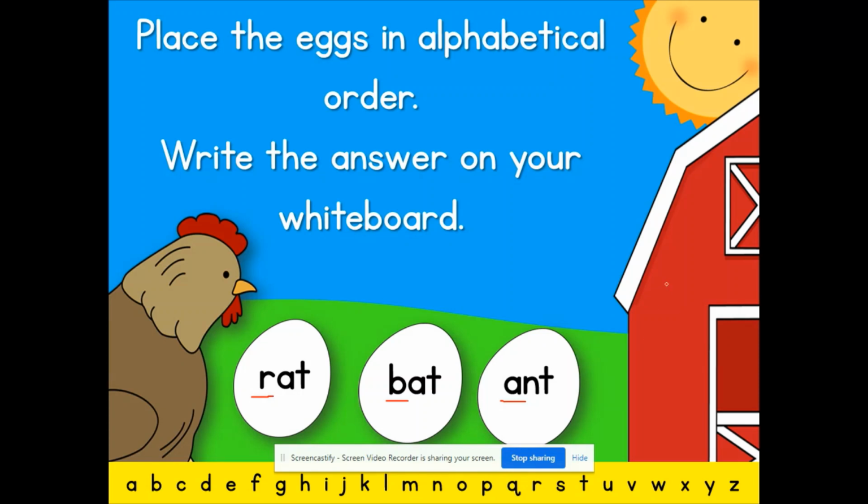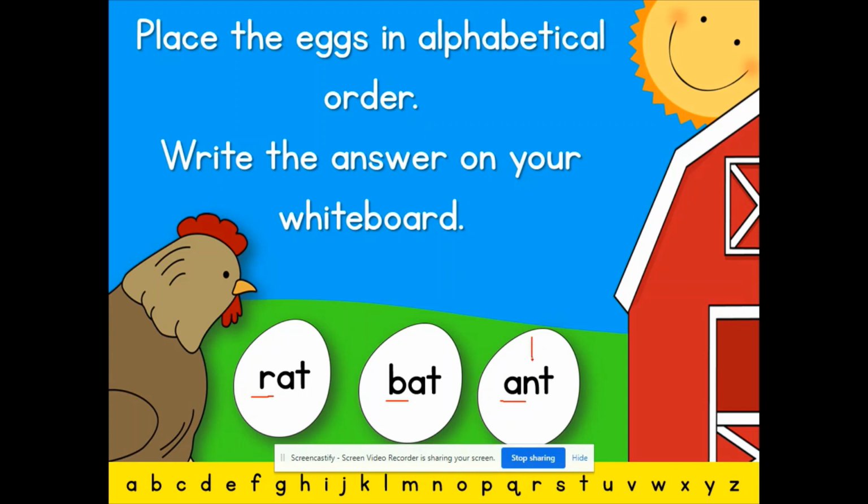Okay, and then just like we already did with the letters, we're going to look through the alphabet at the bottom until we find these three letters. So now we're looking for A, R, B. Okay, so A is the first letter of the alphabet again, so that means this whole word is our first word.